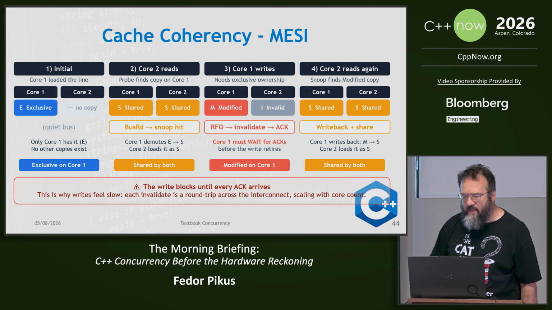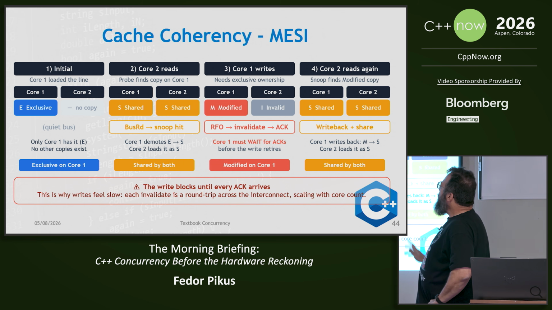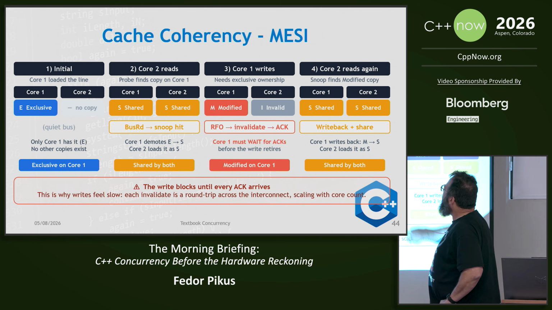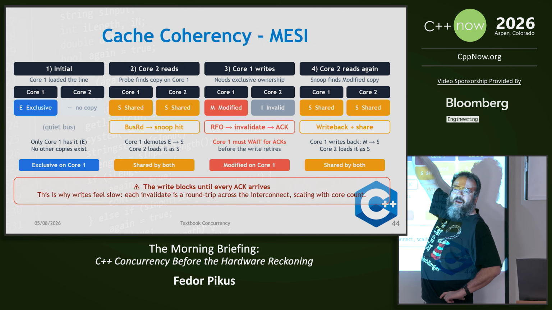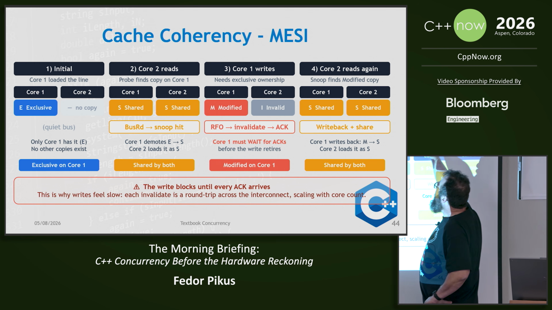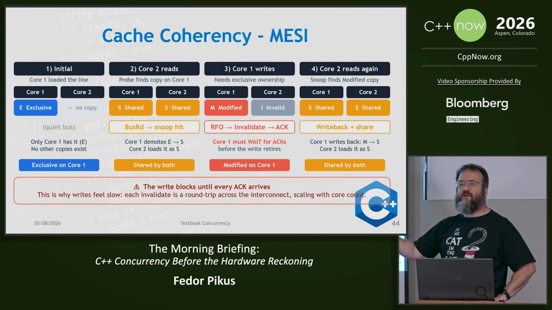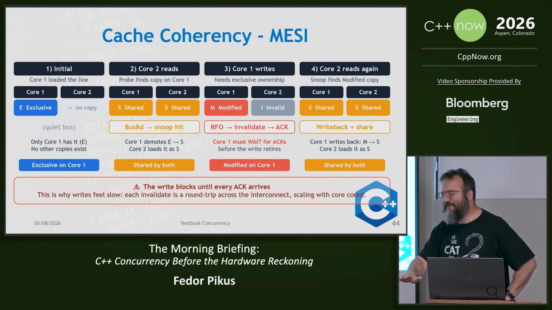How is it actually done? Anybody saw this acronym before? Yeah, okay, half of you did. This is a modern, well, semi-modern cache coherency protocol.